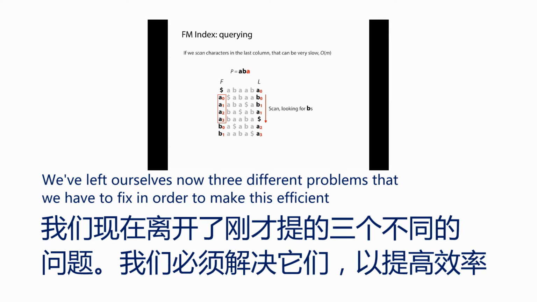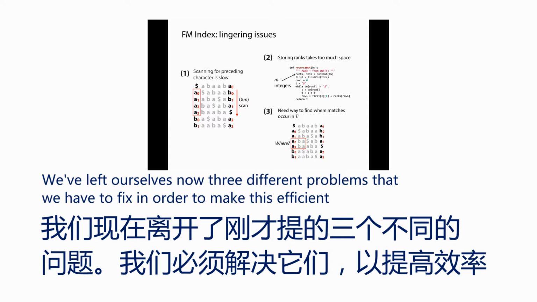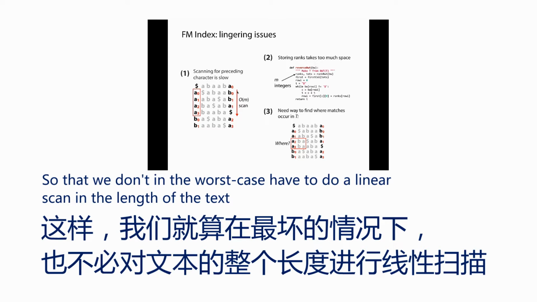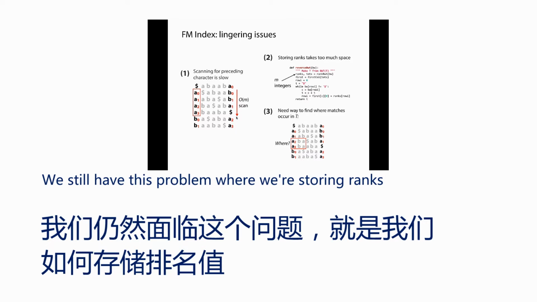We've left ourselves now 3 different problems that we have to fix in order to make this efficient. One of them is what we just discussed, which is that we have to figure out how we would really do this scan so that we don't, in the worst case, have to do a scan that's linear in the length of the text.